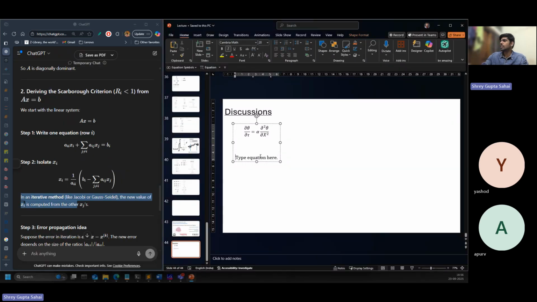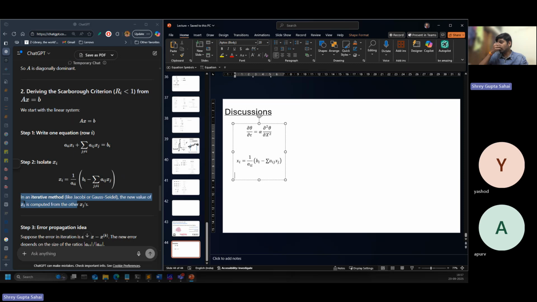It is saying that xi depends on 1 by aii, and then bi minus summation aij xj.